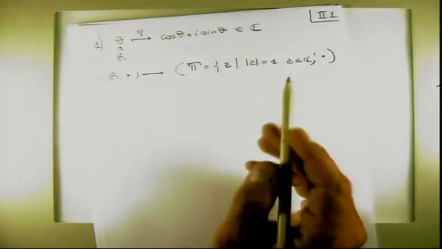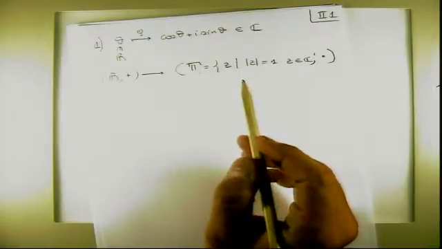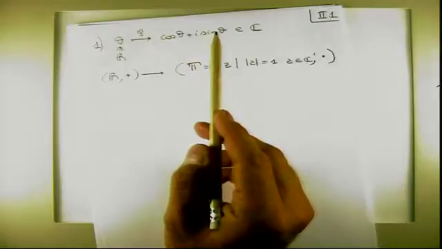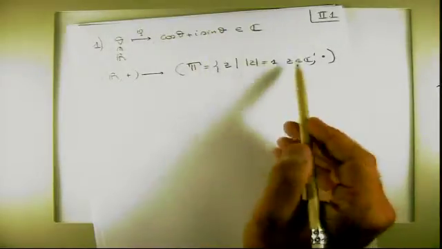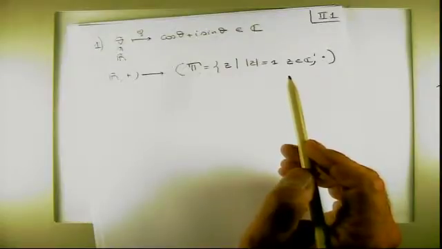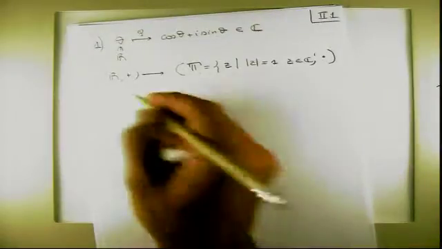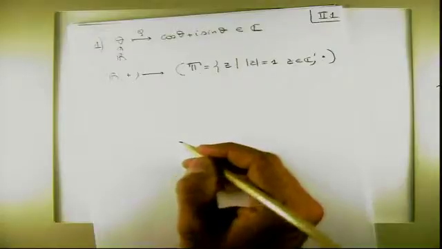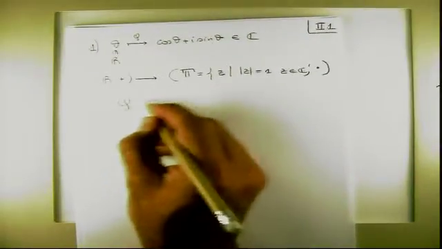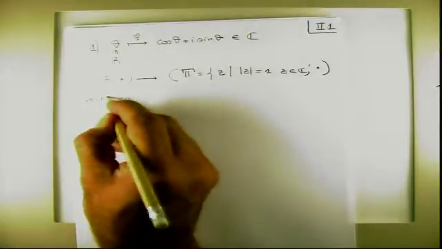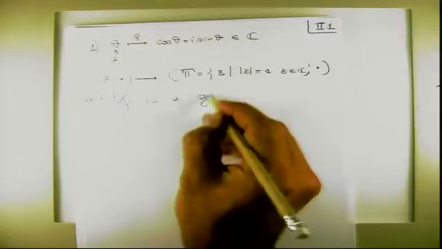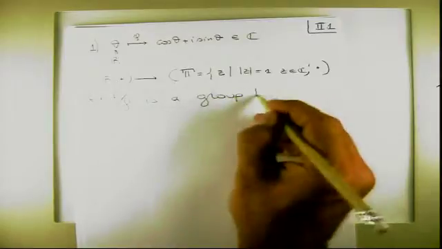This complex number has, of course, modulus 1, and the product is the product in C. I invite you to verify this. So the exercise is: verify phi is a group homomorphism.